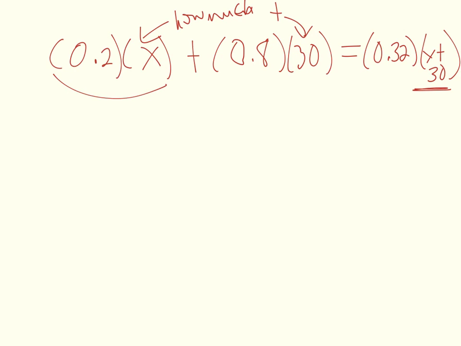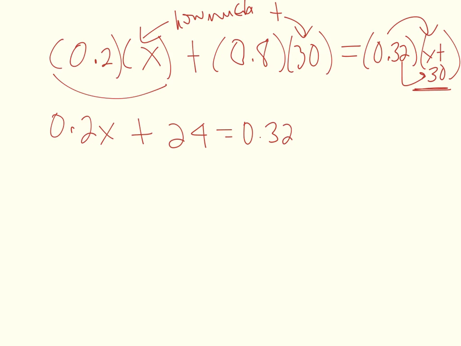So once we've set it up, let's go ahead and solve what we can here. We have 0.2x plus 0.8 multiplied by 30, which gives us 24. And then we have, now remember, that 0.32 applies not only to the x, but to that positive 30. So don't forget about the order of operations.